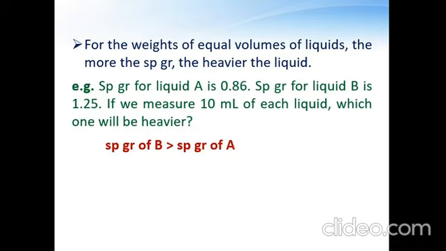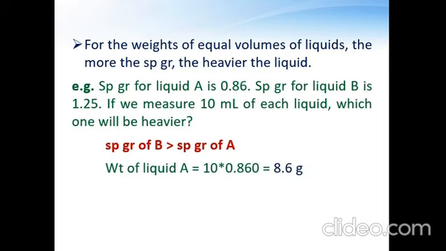We know specific gravity of B is more than specific gravity of A, right? And of course, according to the first statement on this slide that we just read through, the weight of B should be more than the weight of A, right? If same volume, equal volume.